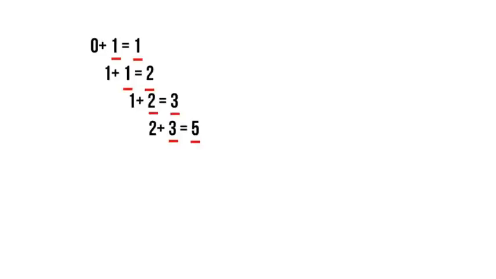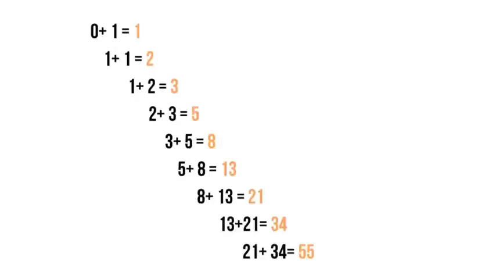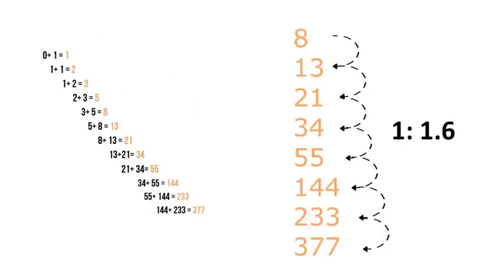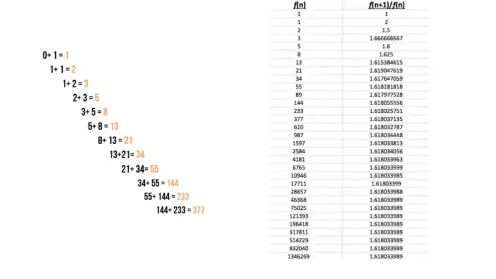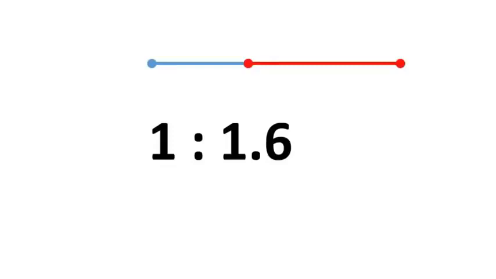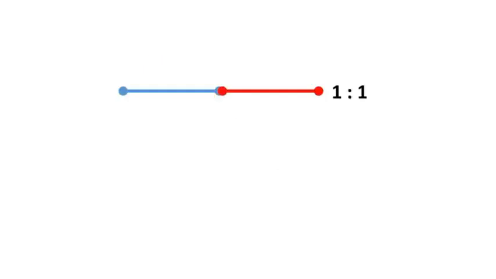As the sequence continues, a constant ratio of 1 to 1.6 appears. This is called the golden ratio and continues indefinitely. To imagine what a 1 to 1.6 ratio looks like, compare it to a 1 to 1 ratio.